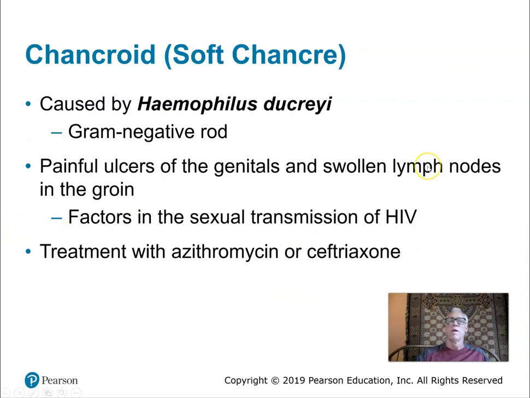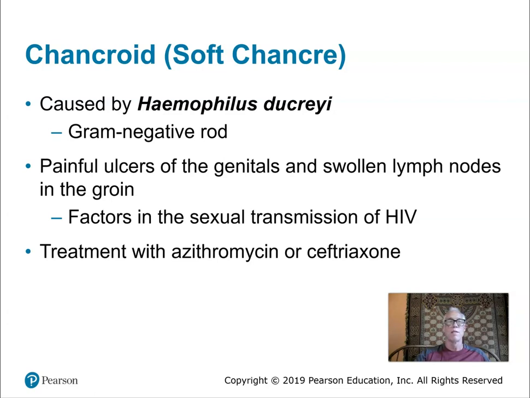Here's another type of STI. It's called chancroid, soft chancre. The painless chancre produced by the spirochetes of Treponema pallidum is like a hard, round chancre, and this is a soft chancre.